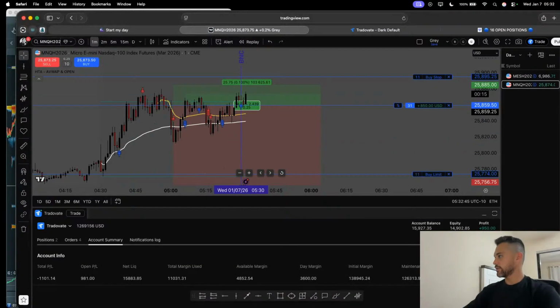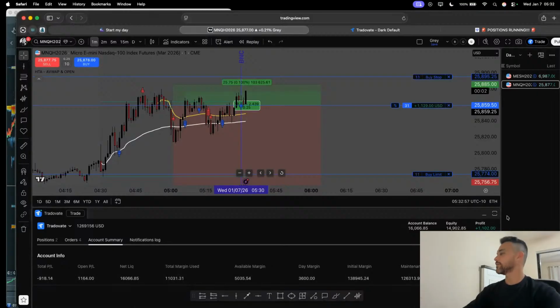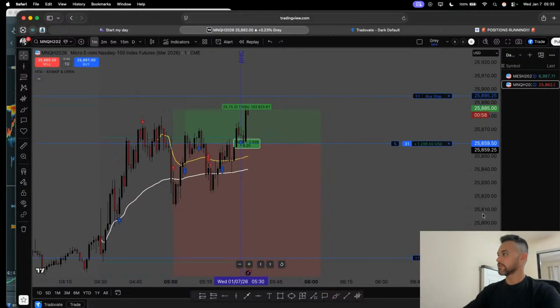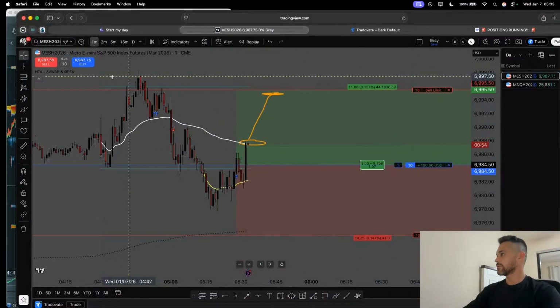Just keep it tight. Hopefully we get into the green. I doubt it. Usually my goal is to get 1,000 a day, but I don't have a monetary goal. I just like to see it. If I don't get it, it's not like I'm flustered or sad or anything. Let's see what MES. There we go.